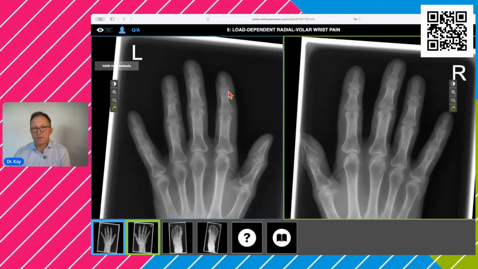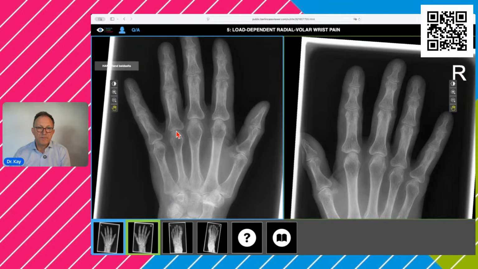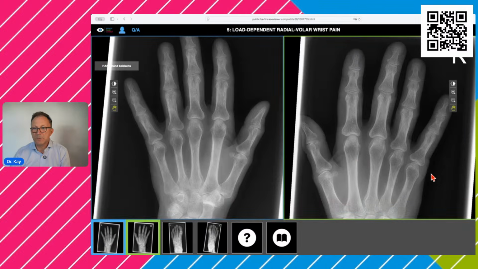So I would not emphasize this in my report. Same for the PIP joints. They are narrow somehow, but looking uniform in all the joints. Similar for the MCP joints, there's no cystic changes here. That's one of the few cases with normal MCP joints.